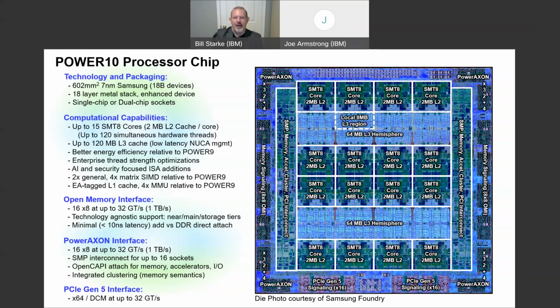You see there's a massive amount of cache on this thing, over 120 megabytes. Energy efficiency was a major focus. That's a big reason we're going to be able to put 2 of these chips in a socket in some of our configurations. And the enterprise thread optimizations are part of how we're getting some of that 1.3x performance per core.